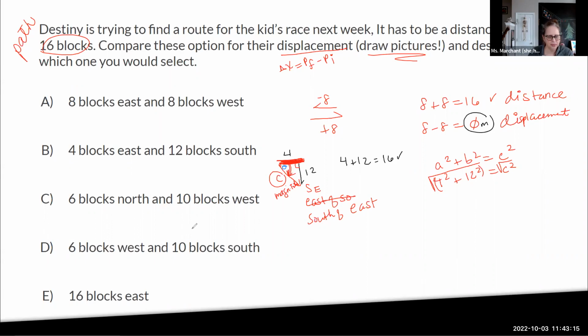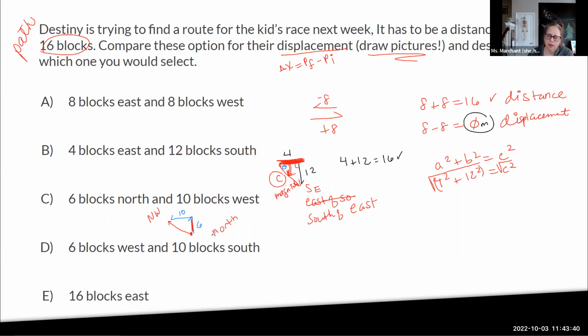What about C? 6 blocks north and then 10 blocks west. And so what is our displacement on this one? The start is here before the 6 and the end is after the 10. So this one is going to be going northwest. Okay, or how else do we find it? We find that vertical. Okay, so that's north.